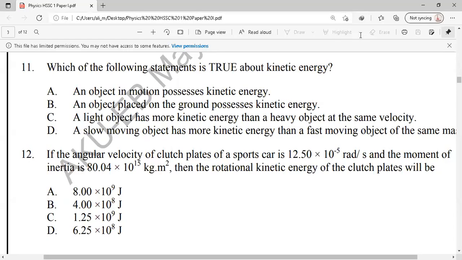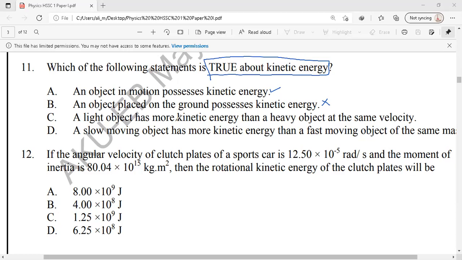Let's see question number 11. Which of the following statements is true about kinetic energy? An object in motion possesses kinetic energy. This looks correct. An object placed on the ground possesses kinetic energy: this is not correct because for a body to have kinetic energy, it must have a certain velocity, either on the ground or moving in the air.